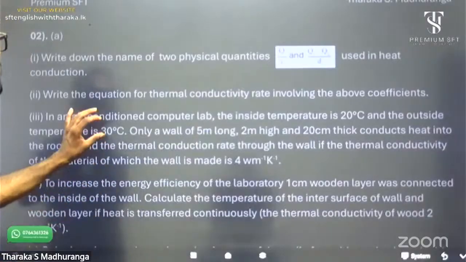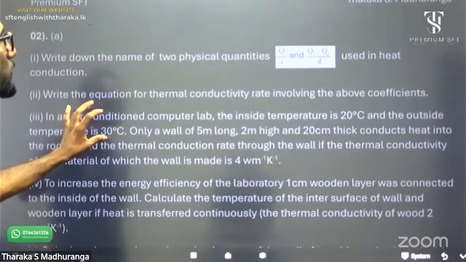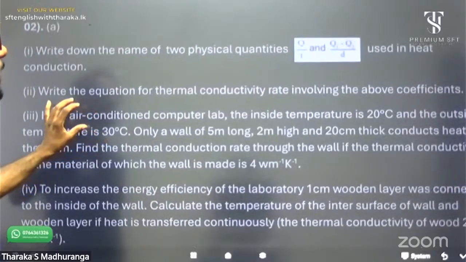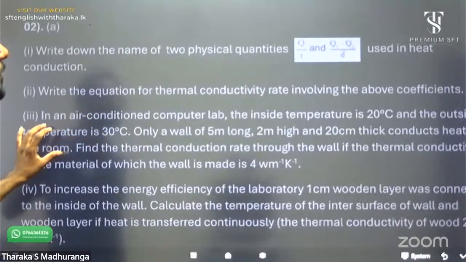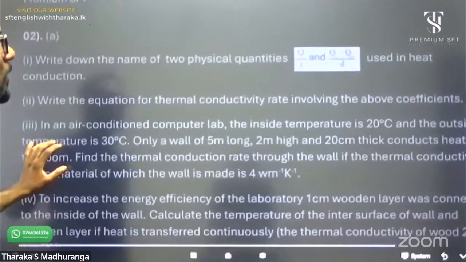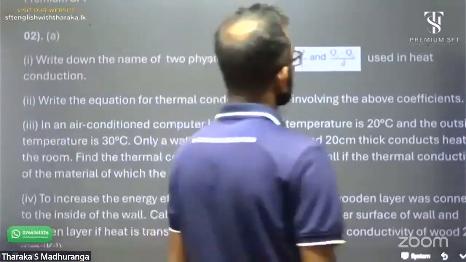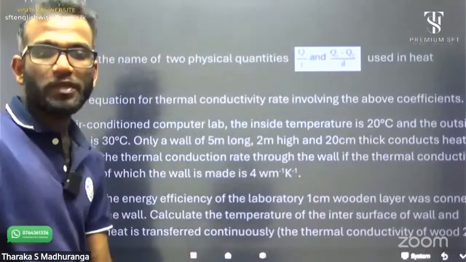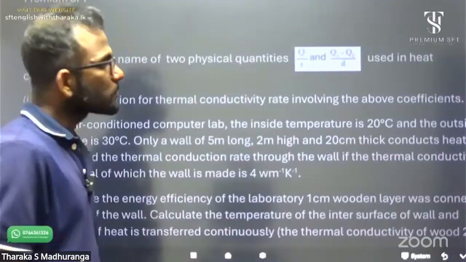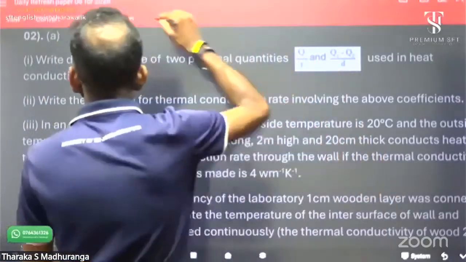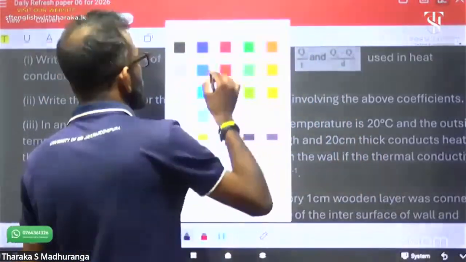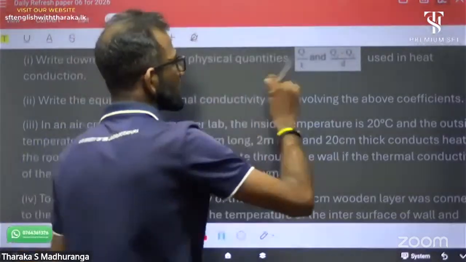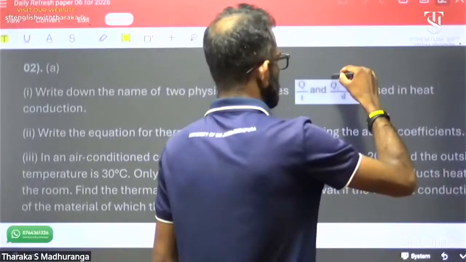Write down the name of two physical quantities Q over T and theta 1 minus theta 2 divided by d. It is a mistake, not Q1 minus Q2, it should be theta 1 minus theta 2.